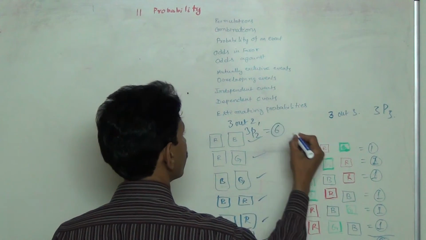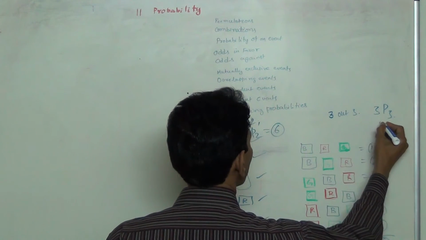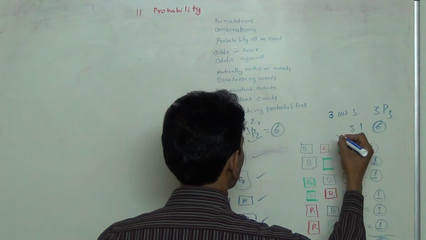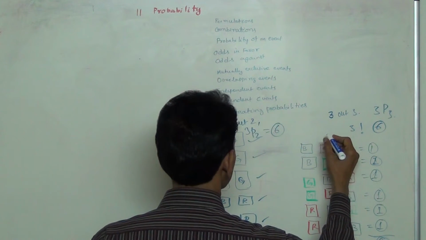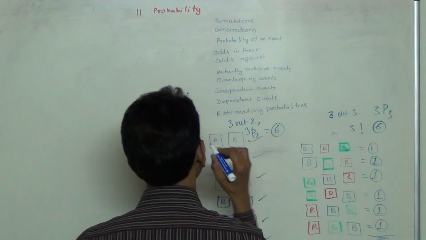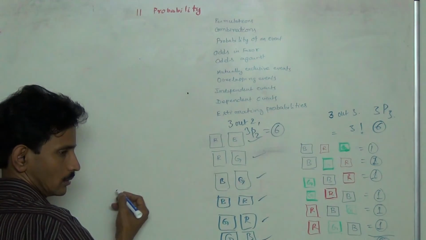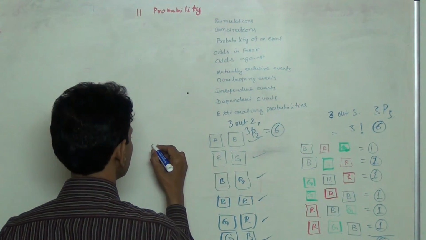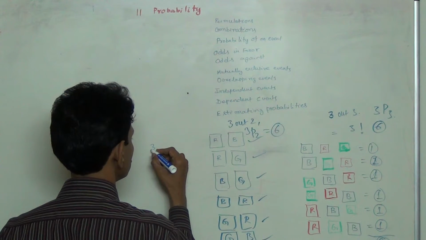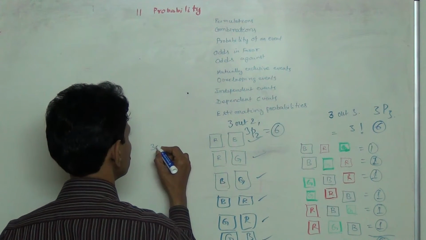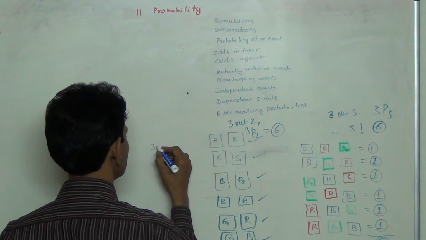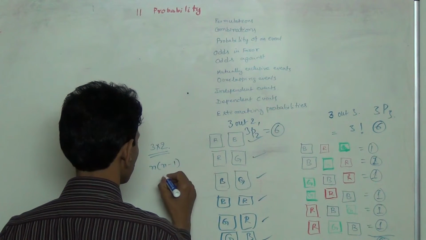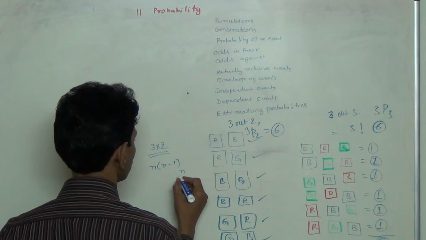So 6 and 6, 3 factorial. Factorial 3 is 3 times 2 times 1. In general, n times n minus 1, up to the required factors.